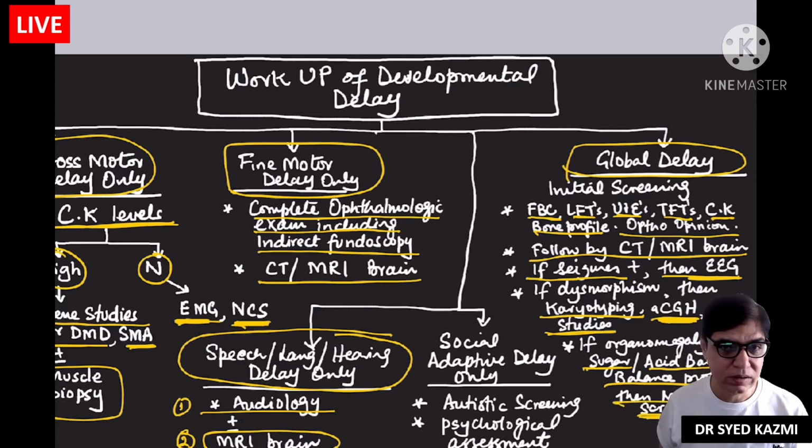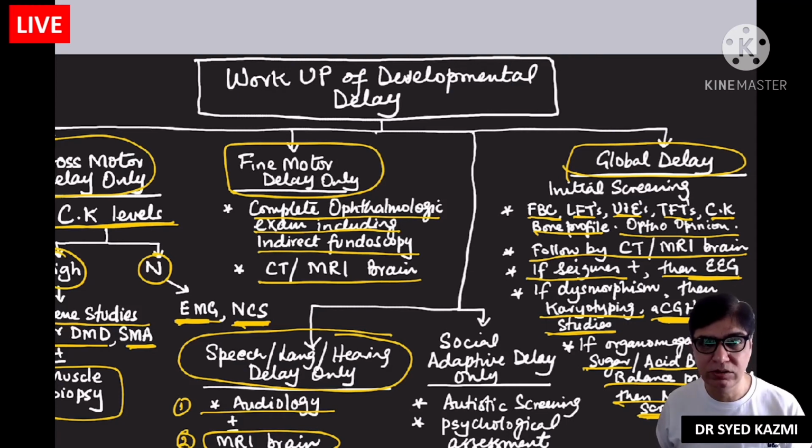Again, for that, blood has to be taken, and not every lab does that. There are specialized labs which do metabolic screening. And again, there are various metabolic diseases which can present with global developmental delay. So that's how you would proceed in case of global developmental delay.